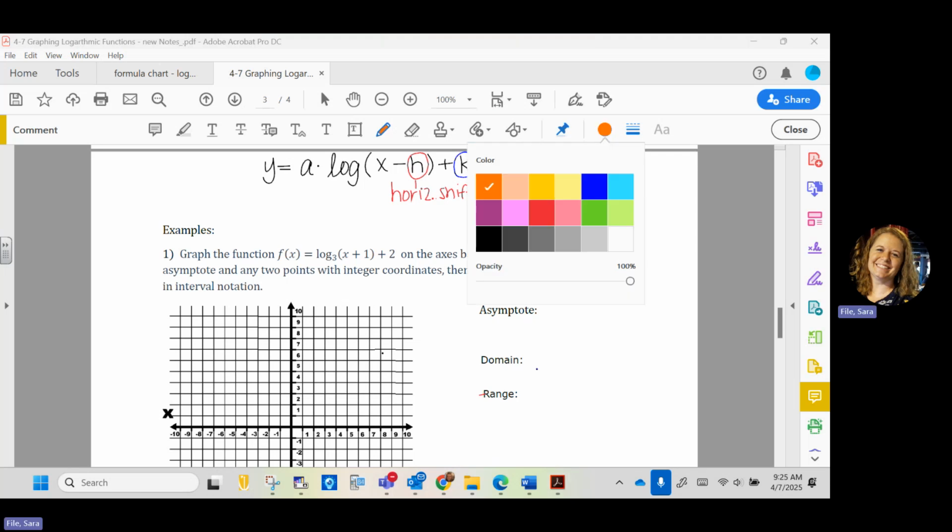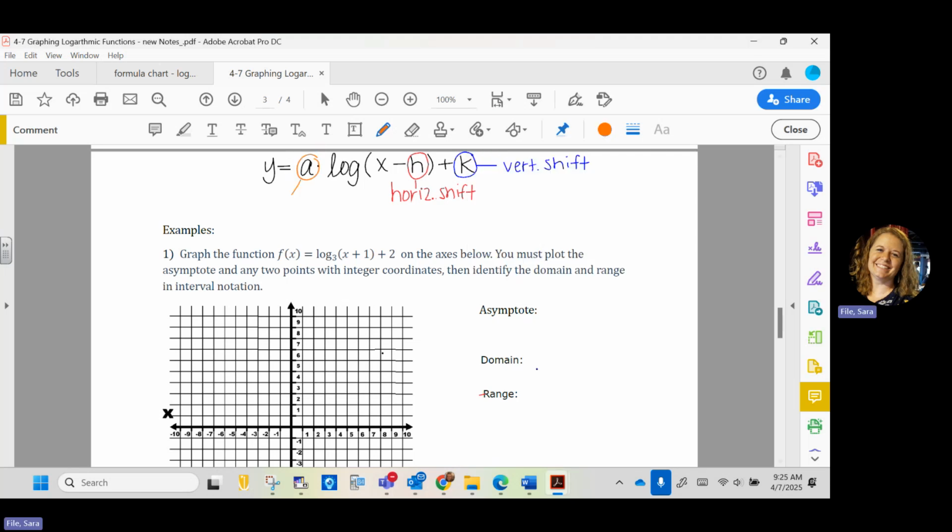And then we already said the a value, okay, can tell us if it's reflected or not, but it also tells us if we have a vertical dilation, which means a stretch or compression. Okay, so on the first page, we talked about what negatives do, but you also have to remember what the values of a, h, and k do.